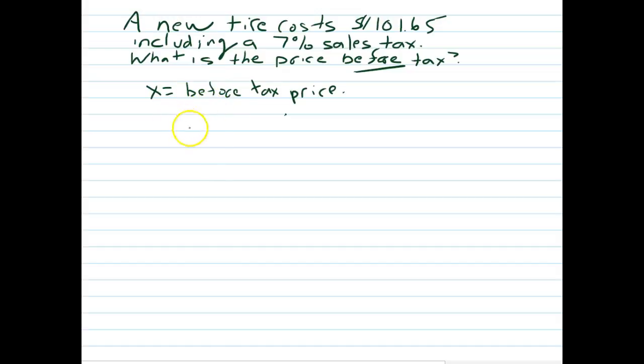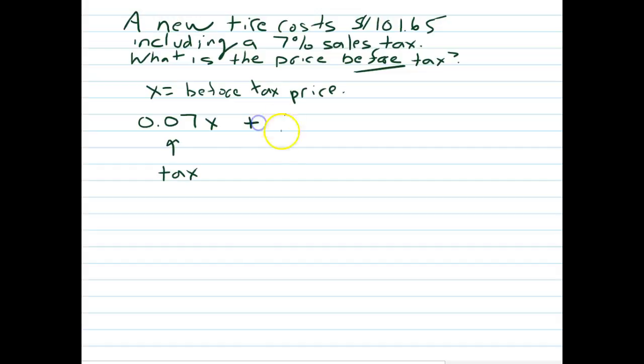Now, if I have a tire and x is its price, the sales tax on that is going to be computed by taking 0.07 times the price of the tire. So that's how we would compute the tax. So that right there is the tax.